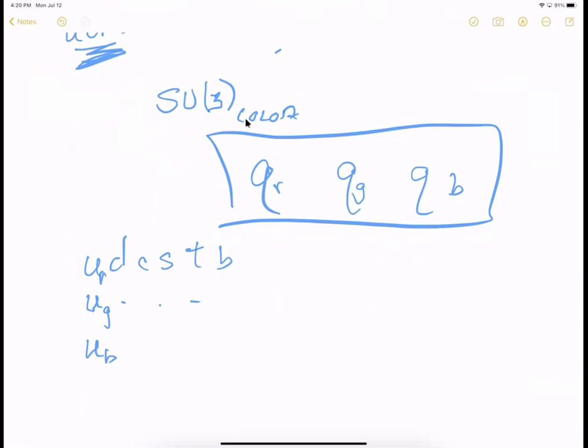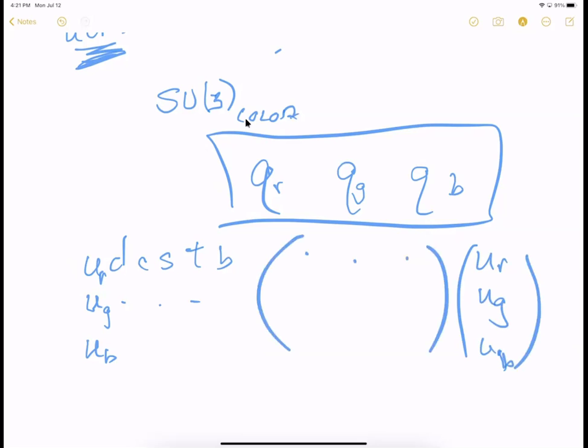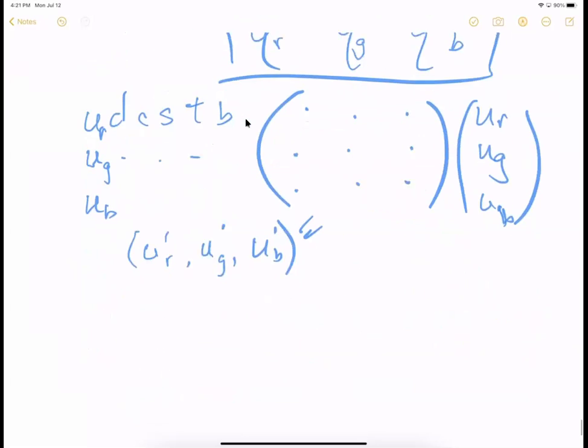So that symmetry will act on red up, green up, blue up. The generators for SU3 are traceless Hermitian matrices, and they'll map into, let's say, red prime, green prime, and blue prime when you multiply that out.